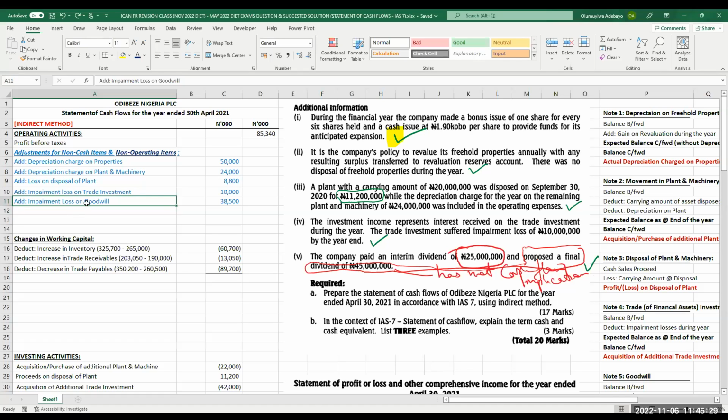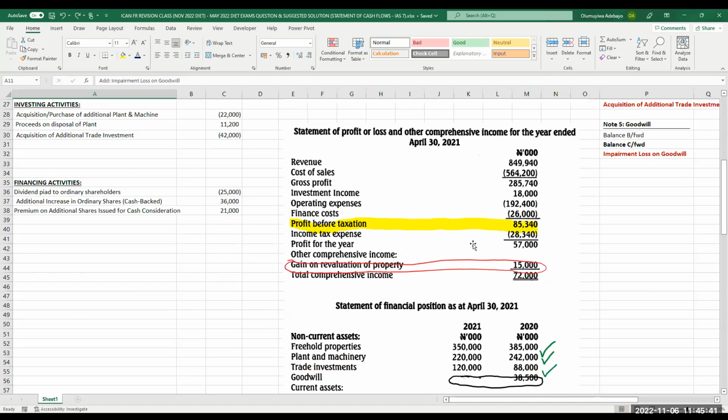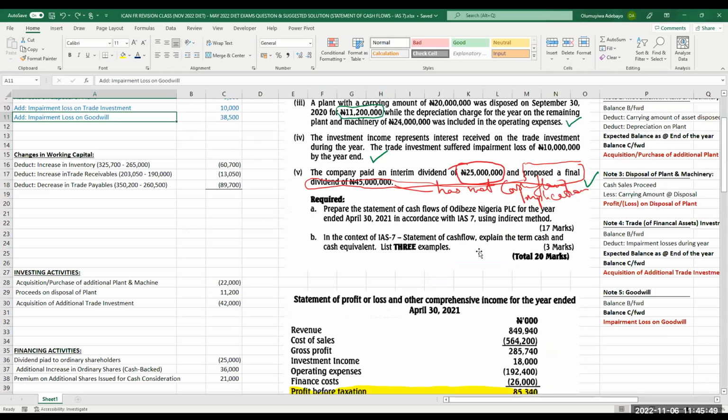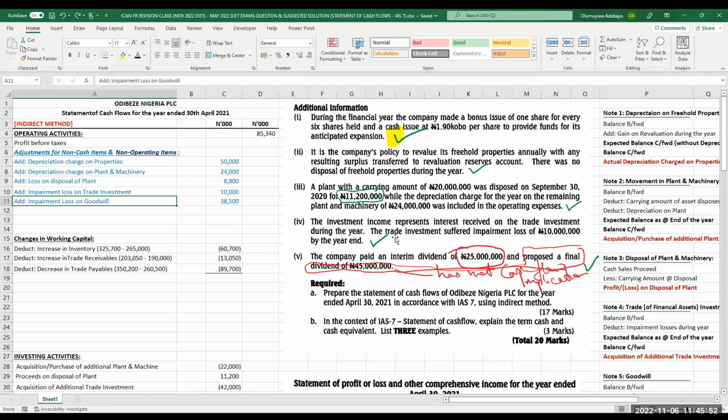The first one is interest received on investment. Remember, we are told here that the investment income represents interest received from investment, and that should go to investing activity, which means this investment income here, 18,000, was actually received in cash, and we need to treat it as an investing activity, but it's already embedded in this profit.